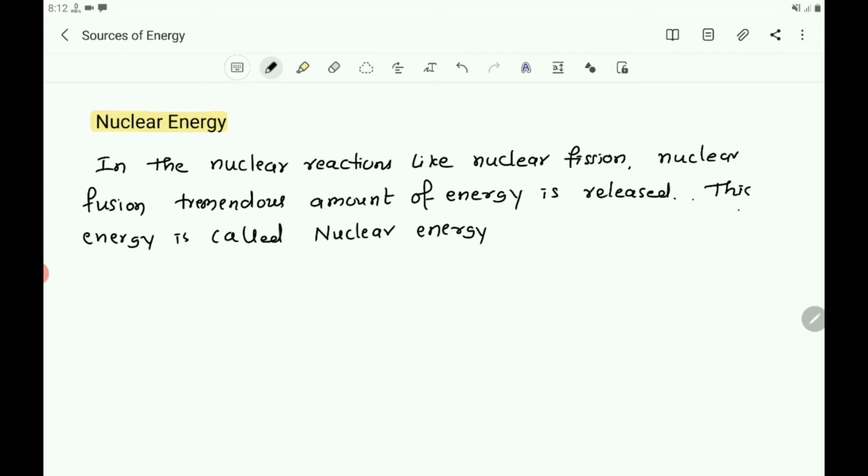For example, let us take heavier atoms like uranium, plutonium, thorium, etc. When bombarded with low energy neutrons, they can be split up into lighter nuclei. When this is done, a tremendous amount of energy is released, and this energy is called nuclear energy.